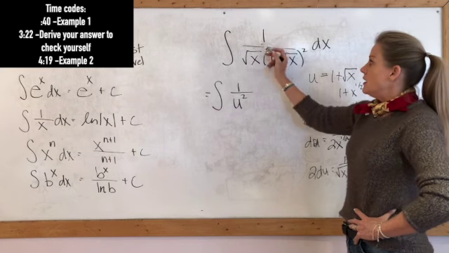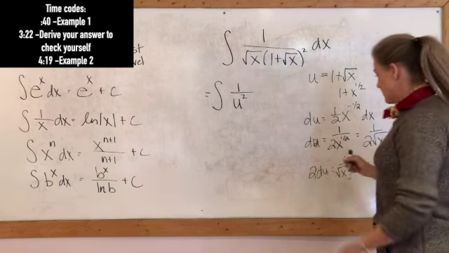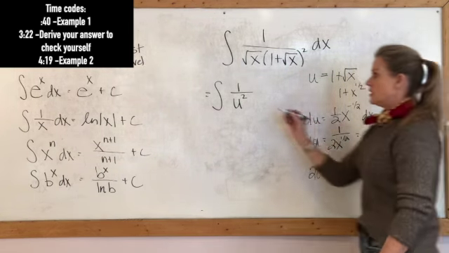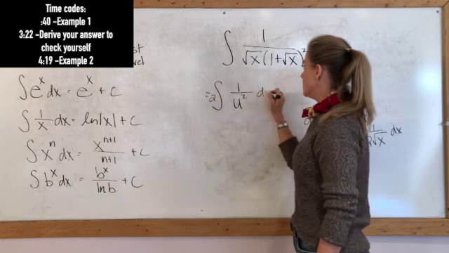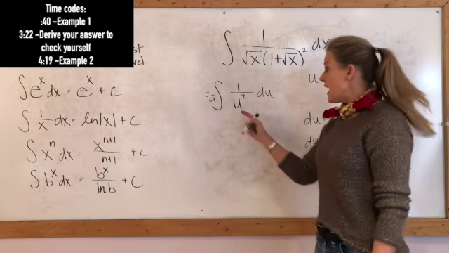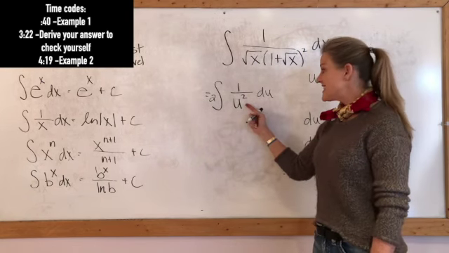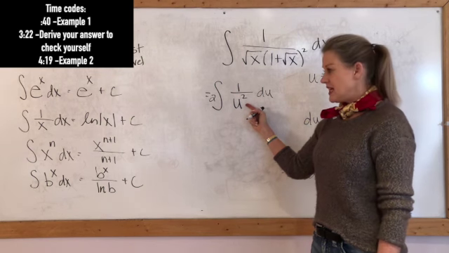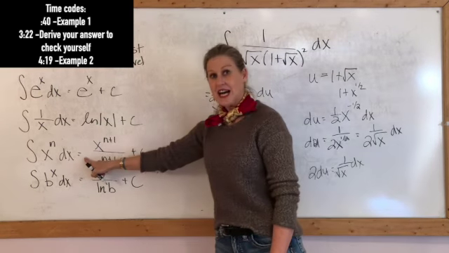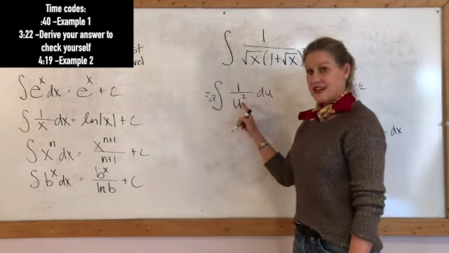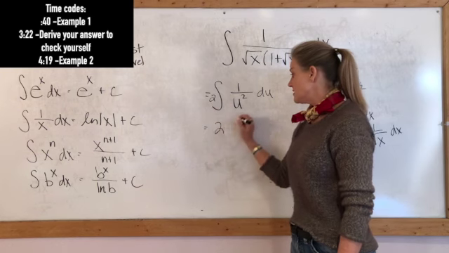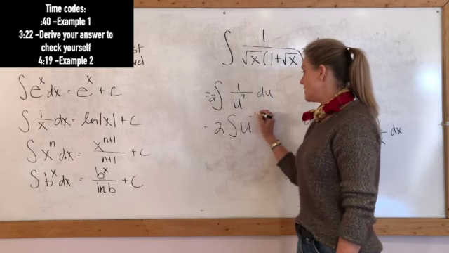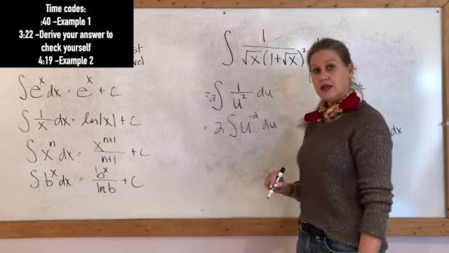And then my 1 over root x dx becomes 2 times du. And I have a rule for that. This, even though it doesn't quite look like it, is actually this guy, because that can be rewritten as u to the negative 2 du.